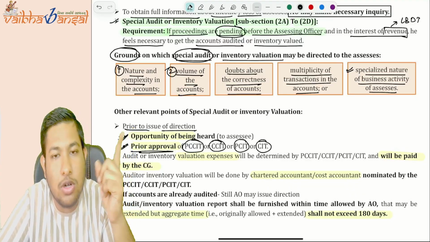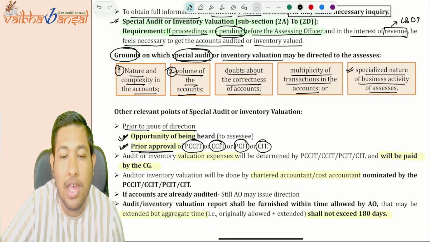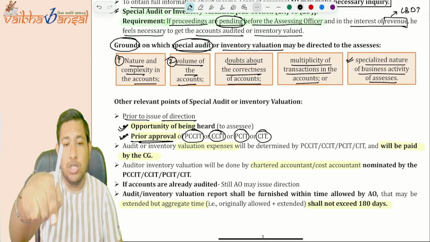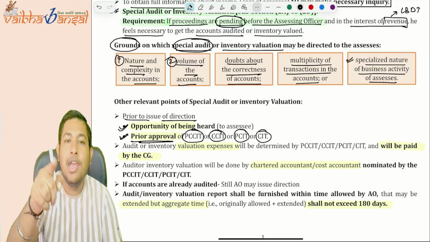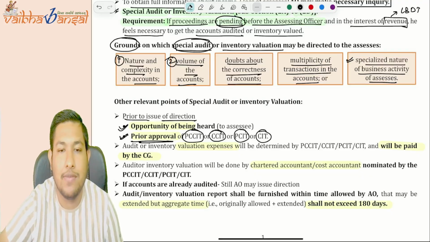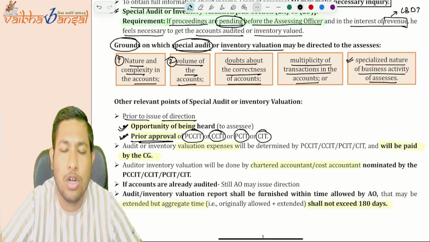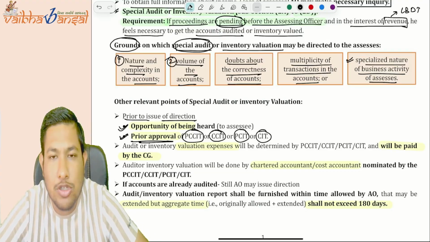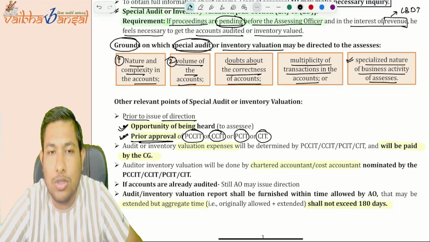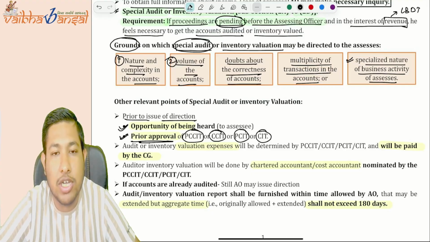Who will do the special audit? The department will appoint a chartered accountant. So if the department is doing so, understand it very carefully. If the department wants a special audit, or the inventory valuation, whatever expenses come, whatever the special audit fees, whatever the inventory valuation fees, whatever amount needs to be paid to the chartered accountant or the cost accountant, who will pay it?